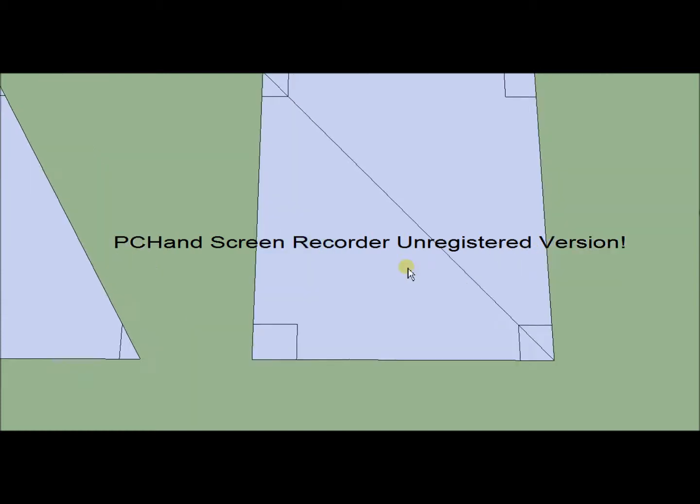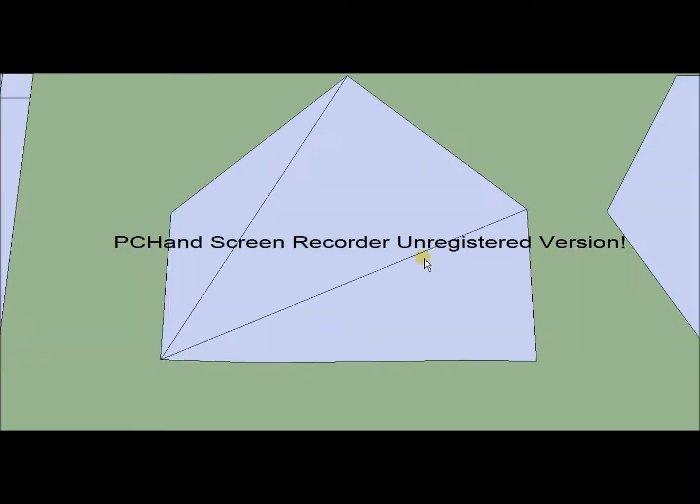Are you kind of starting to see a pattern? Well, you should. So we'll move on to a pentagon. So we know that this is 180, this is 180, and this is 180. So therefore, we have 540 degrees.